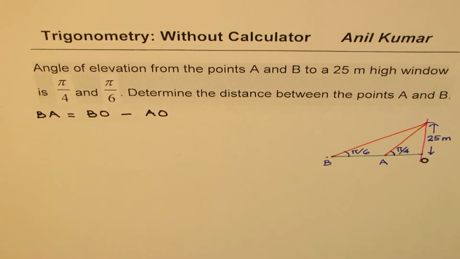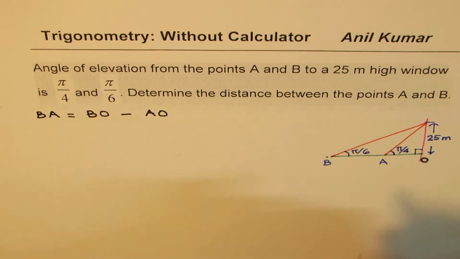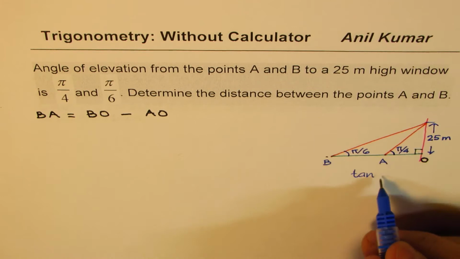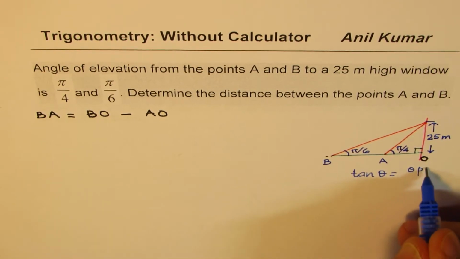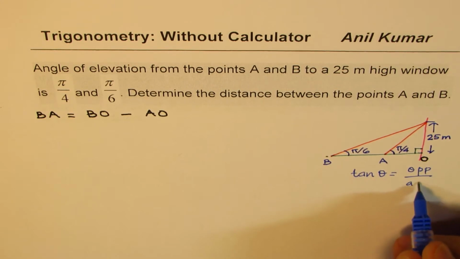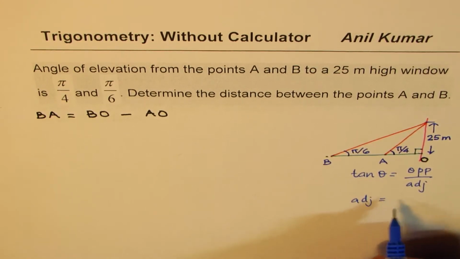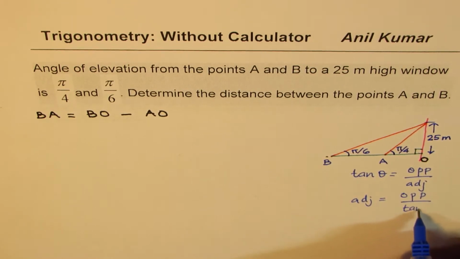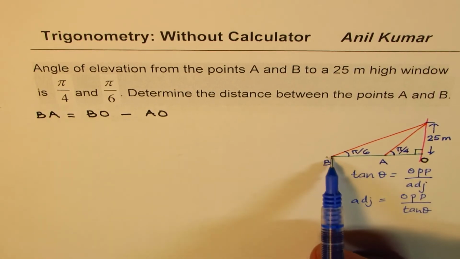Now this is a right triangle, and in a right triangle we know tan of an angle, let's say theta, is equal to opposite side over adjacent side, right? So adjacent side is equal to opposite side over tan of the angle. So in this case, BO is this side.